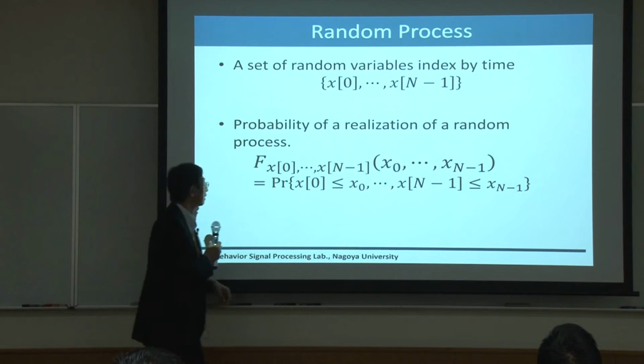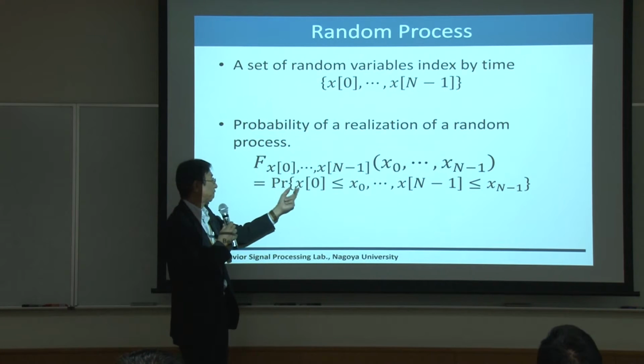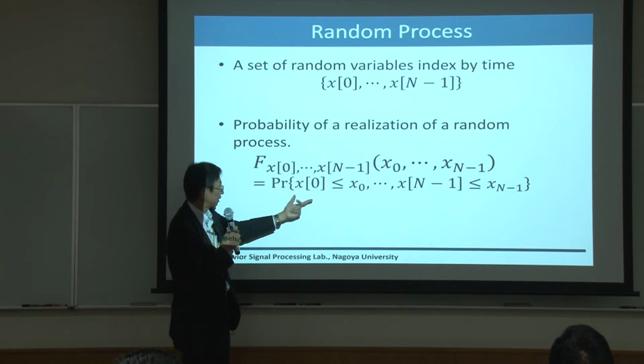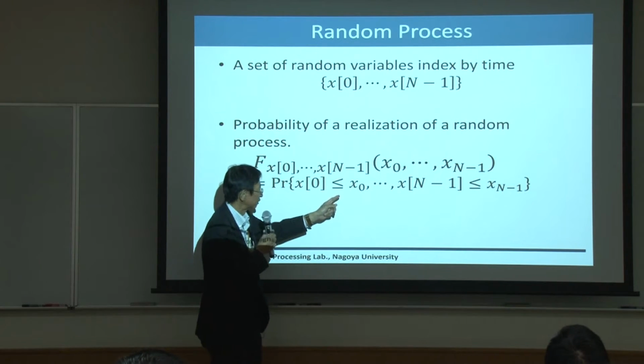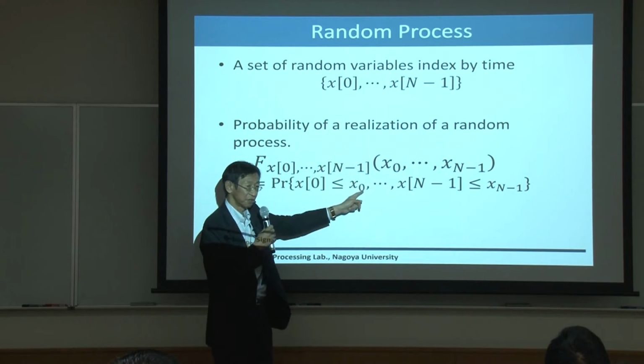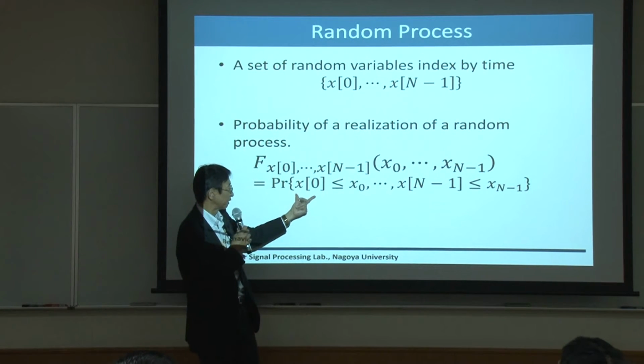This is the probability that the first random variable takes a smaller value than the actual value x0. Say, for instance, this is 3, and this is the random variable.